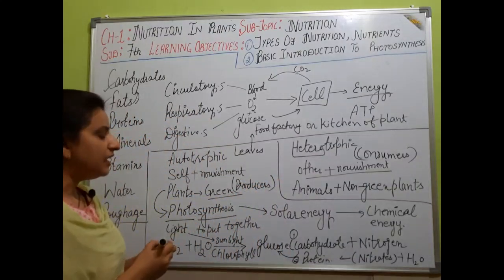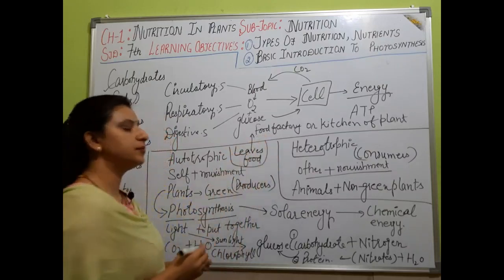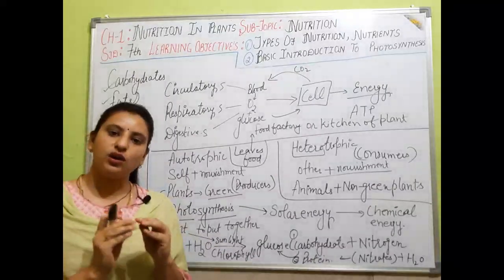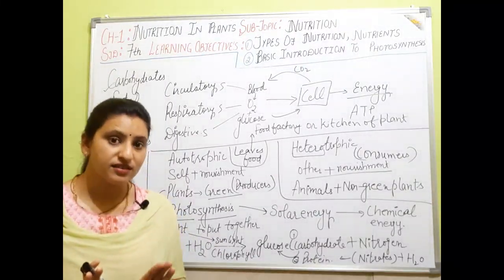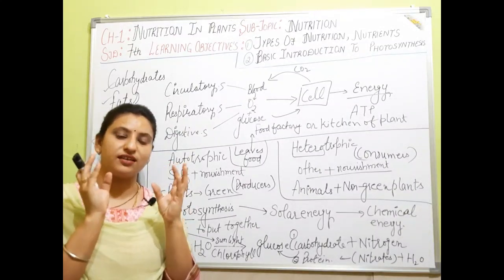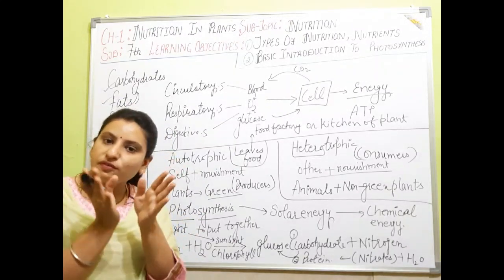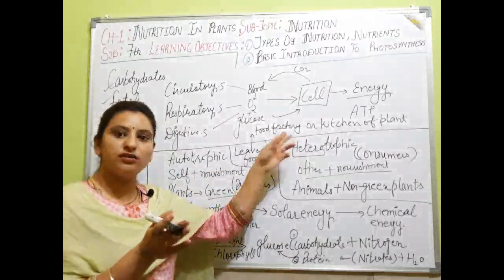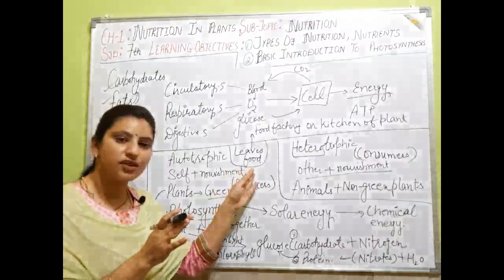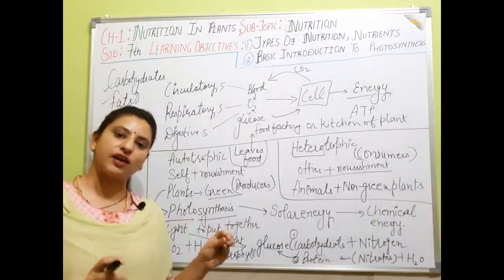Because leaves are preparing food for the plant. In our home, only one kitchen is there for one family. But if you visualize one plant, there are a number of kitchens. If a number of kitchens are there, it behaves like a factory, because it is making food in bulk for the whole plant, as there are a number of leaves. That's why the leaves are called the kitchen or the food factory of the plant.